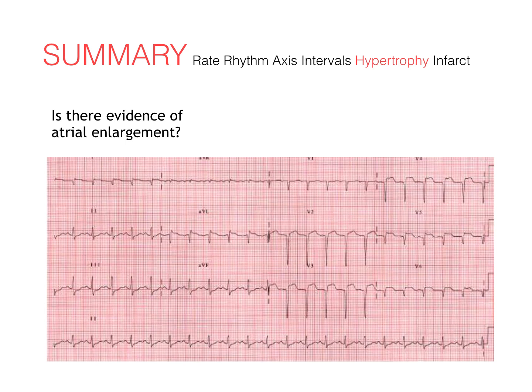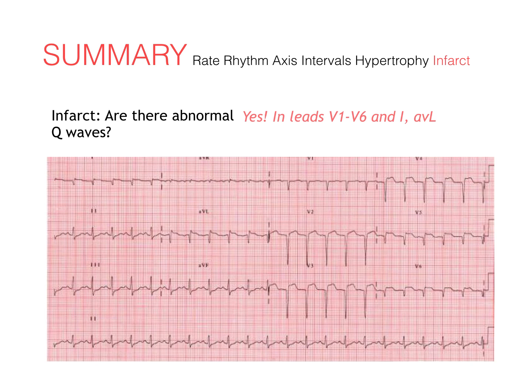Let's find out, is there any evidence of atrial enlargement? No. Next step, to find out any ventricular hypertrophy? Obviously not. Is there presence of any infarction? We can see there is a presence of Q waves in V1 to V6 and in lead first and in lead AVL.